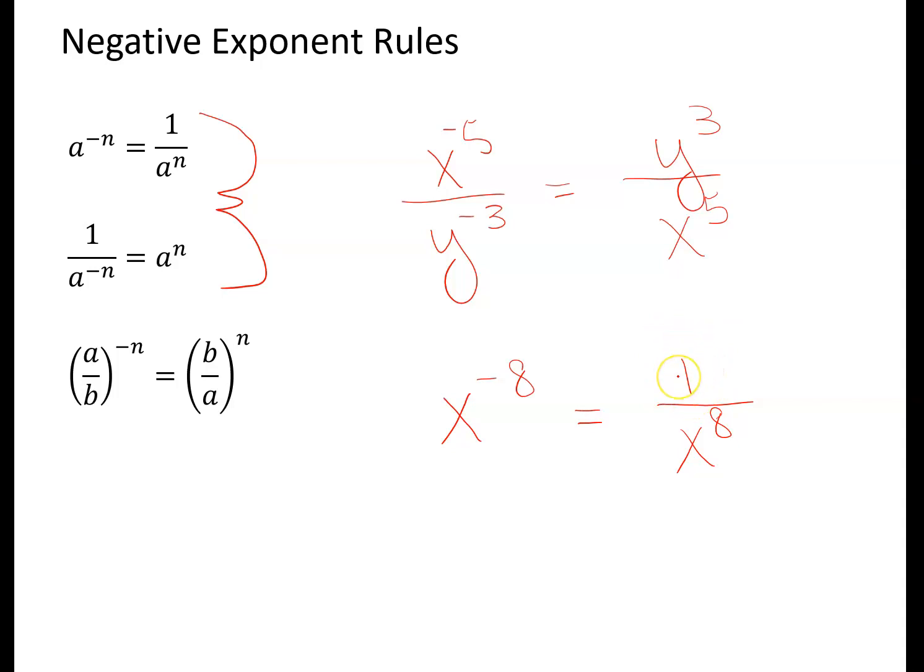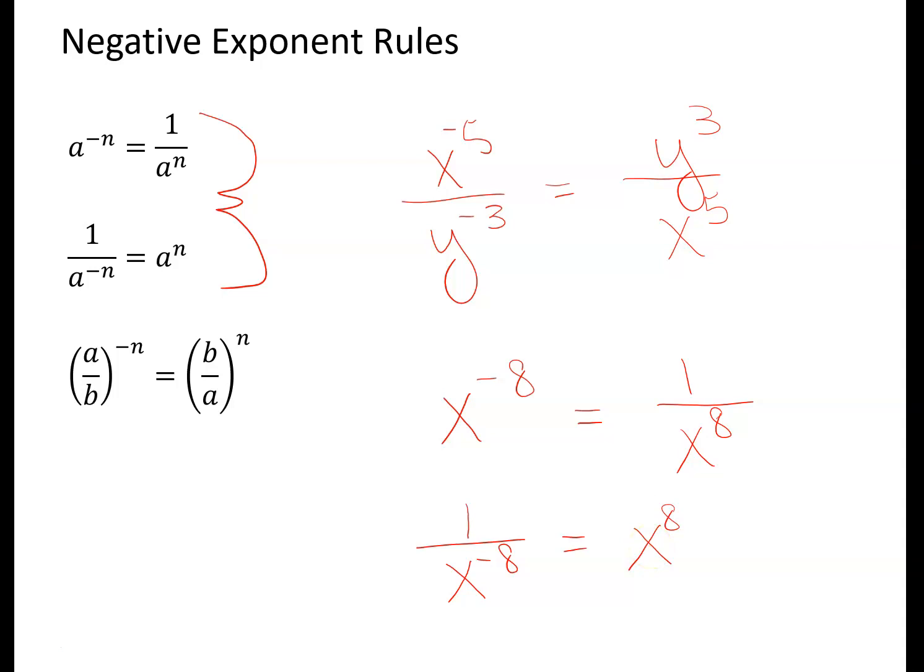So 1 would be your numerator. And if it were already in the bottom and it were a negative exponent, I could move it to the top and it would be positive. But if I put it in the top, there's no need for me to write a 1 below it because x to the 8th over 1 would just still be x to the 8th.